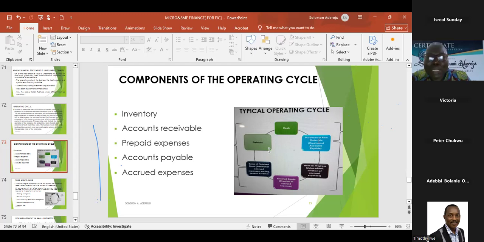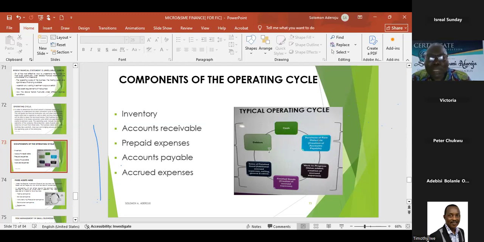How many days will it take the company to bring in the raw material? From raw material to work in progress to finished goods. At every stage, there may be a problem. At purchase of raw material, the raw material may not come on time. What we are saying here is, what are those things that can stagnate the cycle from completing on time?